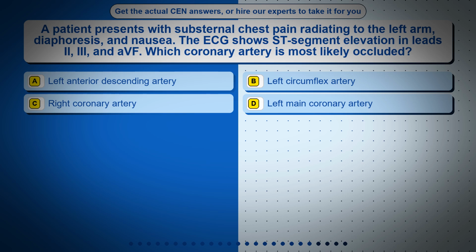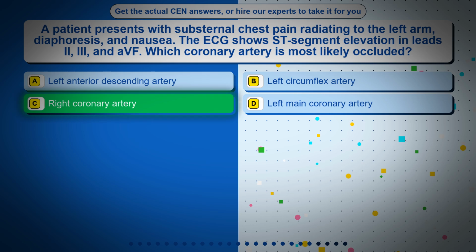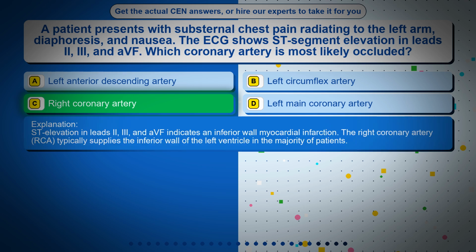Option D. Left main coronary artery. The correct answer is option C. Right coronary artery. ST elevation in leads II, III, and aVF indicates an inferior wall myocardial infarction. The right coronary artery, RCA, typically supplies the inferior wall of the left ventricle in the majority of patients.